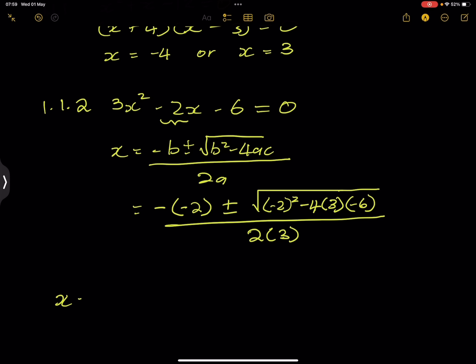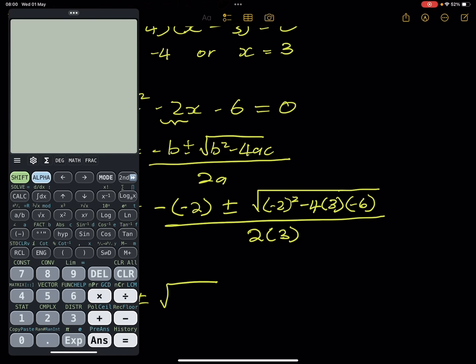Now all that we need to do is plug that into our calculator. So that's going to be 4 plus minus. Now inside the bracket, the square root there, you've got 4 plus, remember in this case, you've got negative times a negative, which would give you a positive.